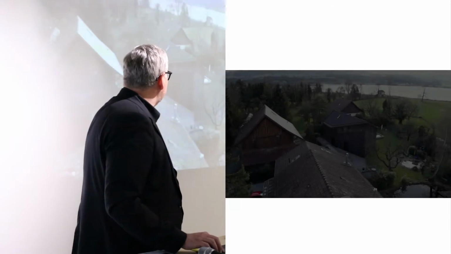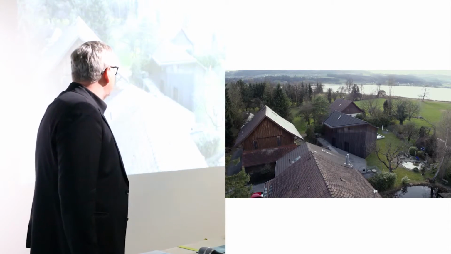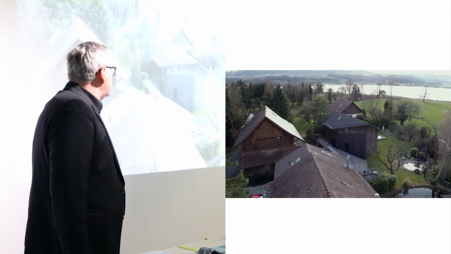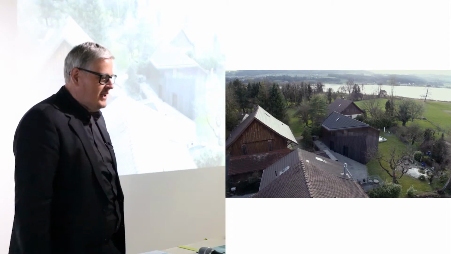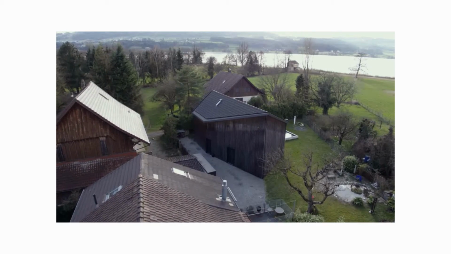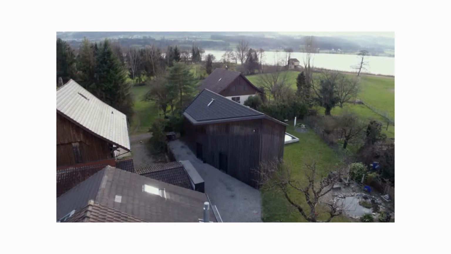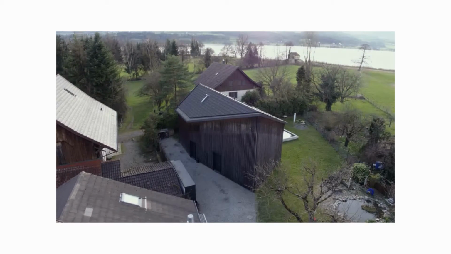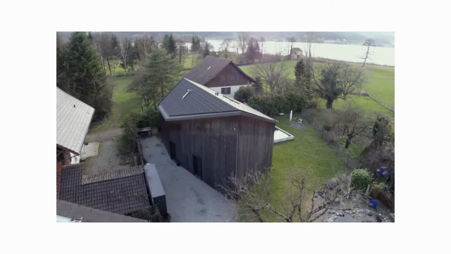And the result, I would like to show the video, maybe you have already seen it here, is this house, which gets quite a delicate kind of skin by this simple treatment, where you can sense this transparency. From outside, it looks actually quite closed.